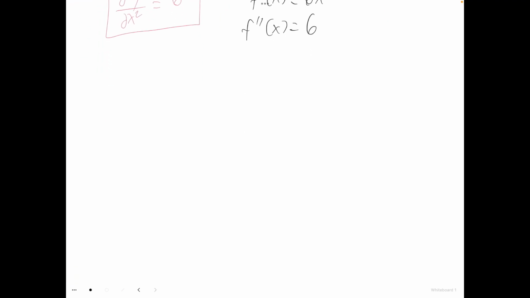Now, in general, we can think of the second derivative as the rate of change of the rate of change, which is a bit wordy to say, but there is a very common application of it in physics.